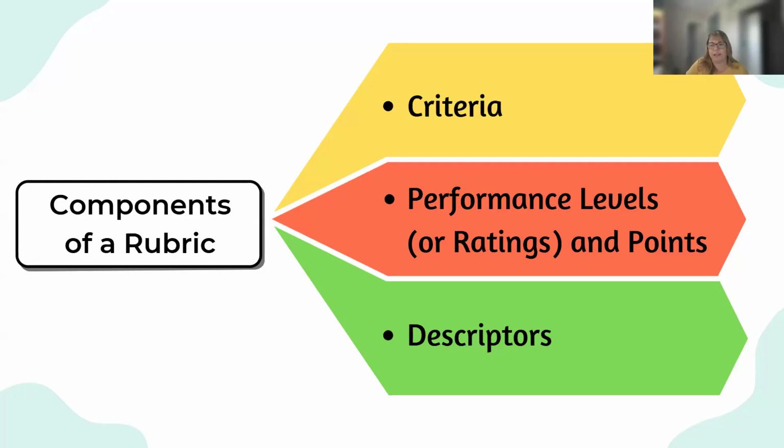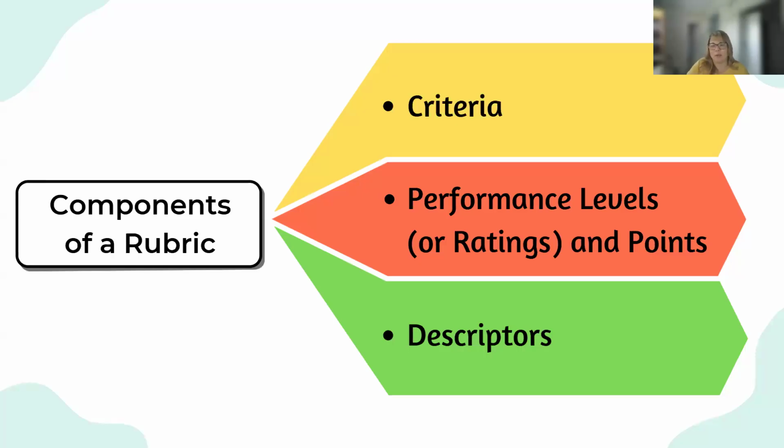And the criterion identifies what you're assessing for the assignment or exam. The performance levels or ratings are the levels of achievement and the point allocation. Those are quite simple, but those can get complex too, depending on how you want to allocate those points for the criteria.